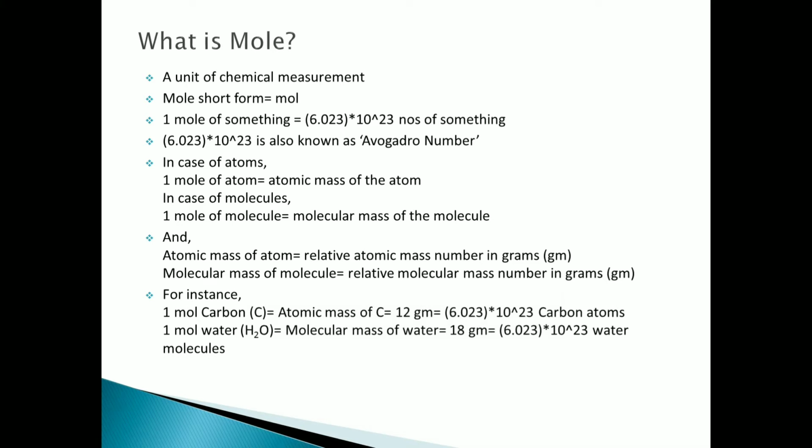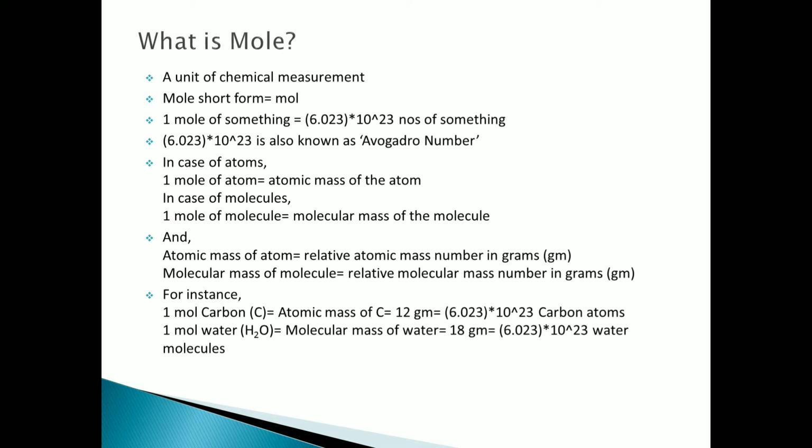For instance, 1 mole carbon atom will equal its atomic mass and will equal 12 gram. Here 12 is the atomic mass number of carbon. Now it is expressed as gram, so it is now the atomic mass of carbon, which will also equal 6.023 into 10 to the power 23 carbon atoms.